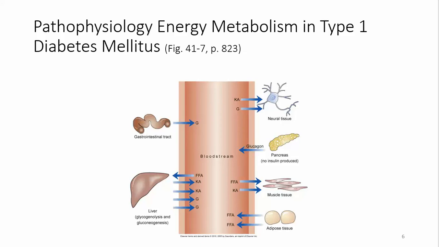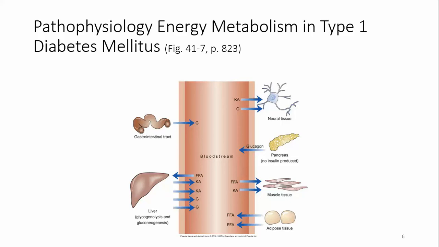Now, when we have type 1 diabetes, well, let me digress for a second and say that if glucose is the fuel, and in order to get into the cells of most tissues, not neural tissue, excuse me, we need to facilitate the diffusion.